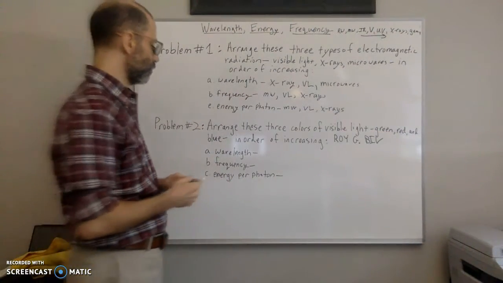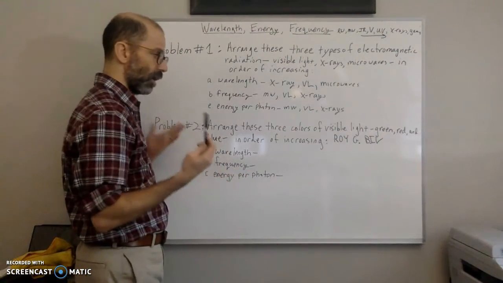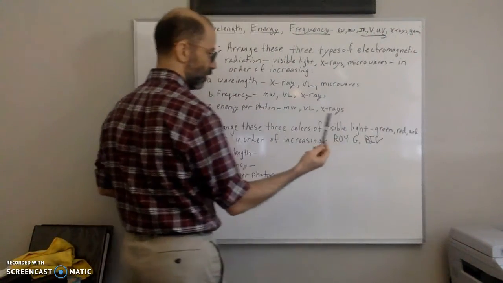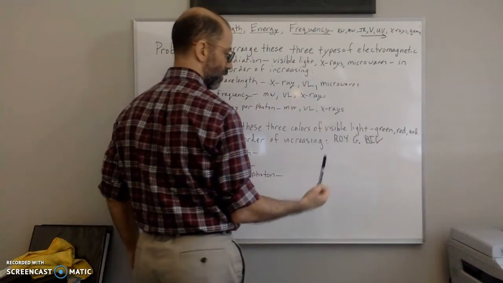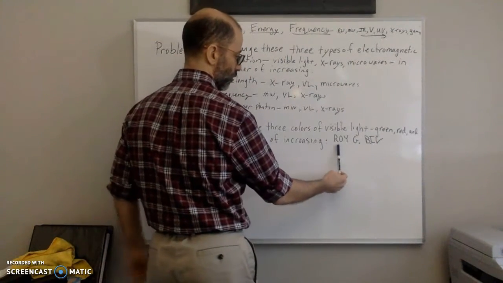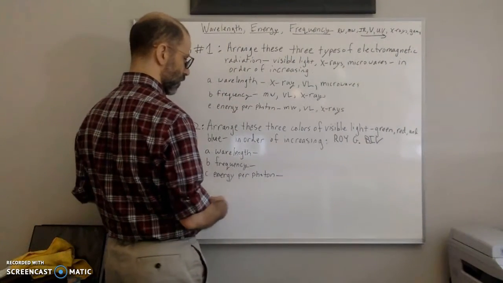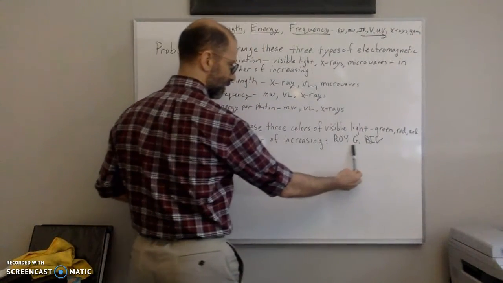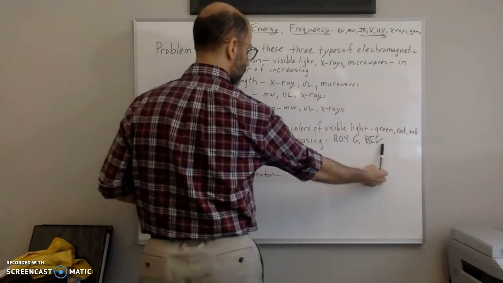Red, green, and blue. So if we're doing wavelength, then let's say I know that red has the largest wavelength or the longest wavelength. So then I want this in increasing wavelength, right? So it's going to increase this way. So the shortest wavelengths are going to be over here.